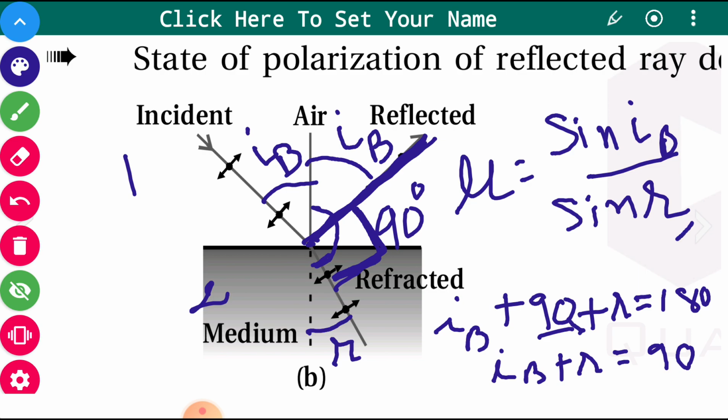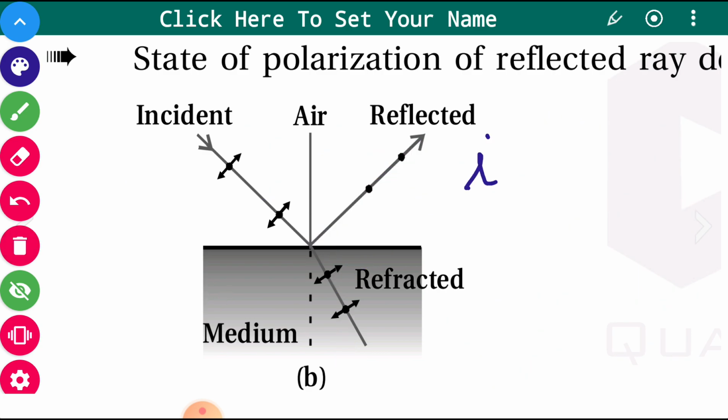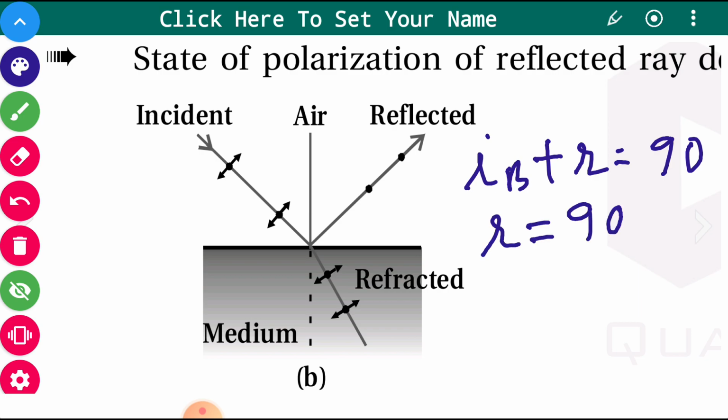So instead of R, you can write 90 minus IB, because IB plus R is 90. Therefore IB can be taken to the other side, so R will be 90 minus IB.